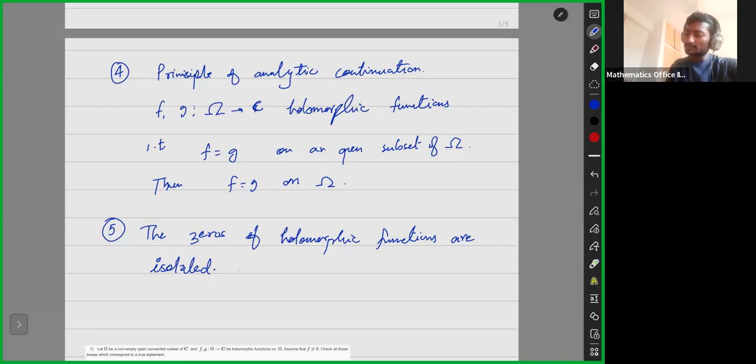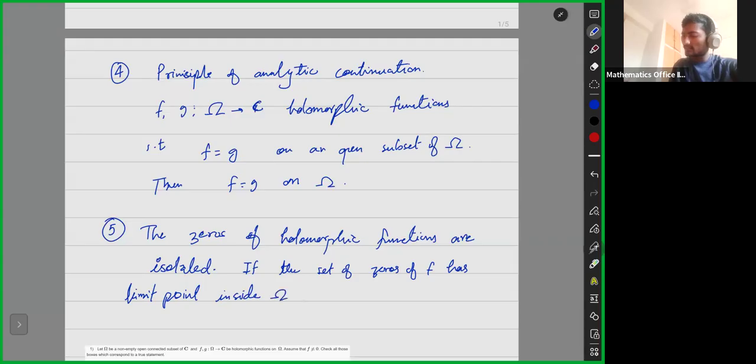So what I'm saying is, if the set of zeros has a limit point inside omega, then F is the zero function.